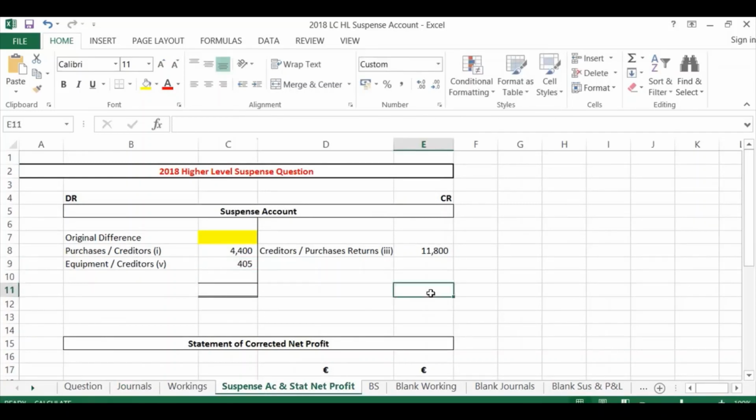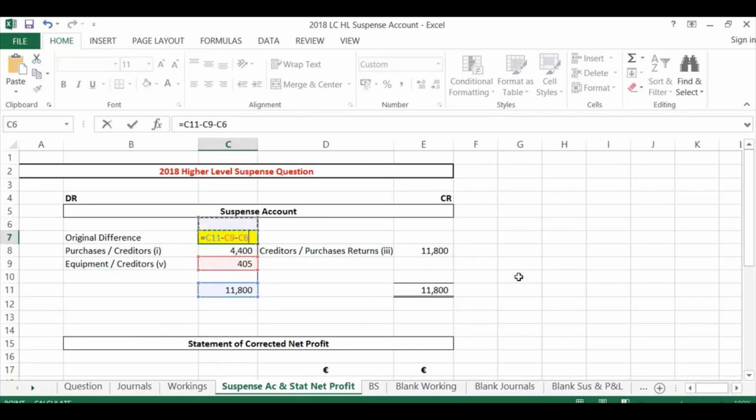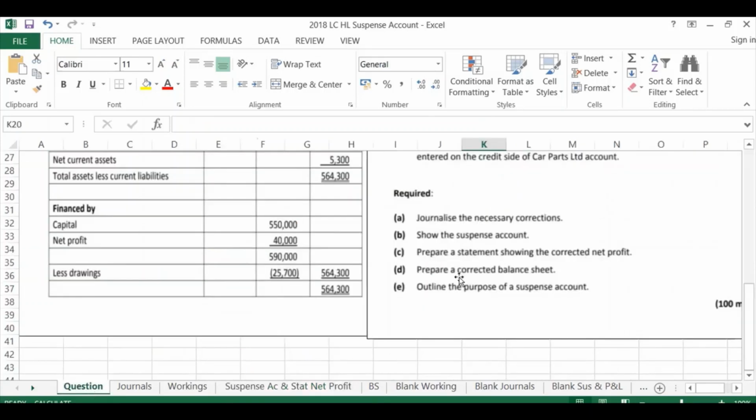So now I just add up my bigger side, which is my credit side. That comes to 11,800. My debit balance should also be 11,800. So to get the original difference, it's just going to be 11,800 minus 405 minus 4,400, which gives me 6,995 for my suspense account. Okay, so that's the suspense account done.